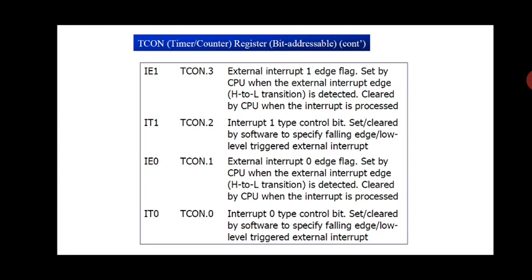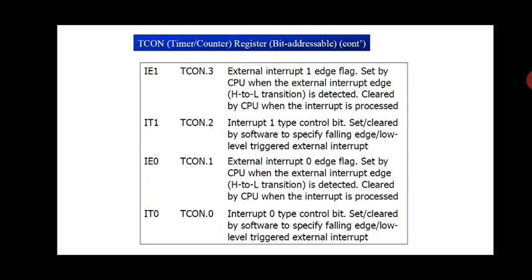And IT1, as previously told, IT1 and IT0: interrupt 1 type control bit, which is set or cleared by software to specify falling edge or low level triggered external interrupt.